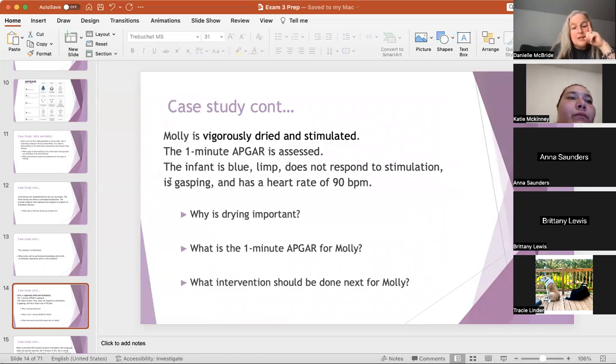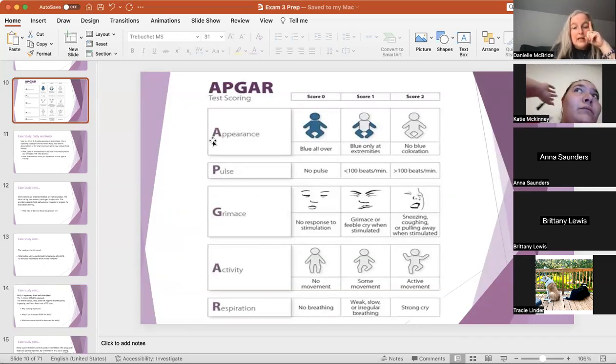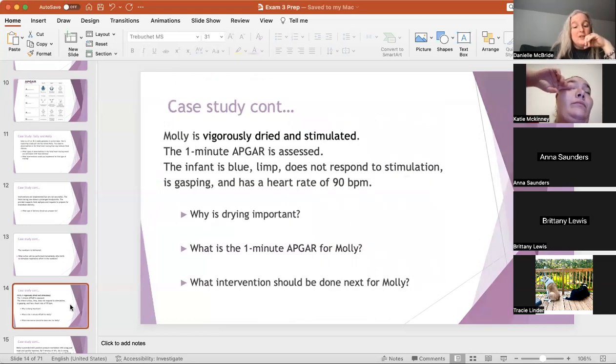So right now we gave her a point for pulse, probably a 0 on grimace. Activity. So the other one would be respirations because it's just weak and gaspy. So no activity because we're limp and floppy. And so the 1 minute APGAR is a 2. All right. What intervention should we do next?